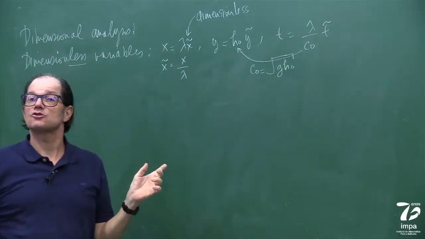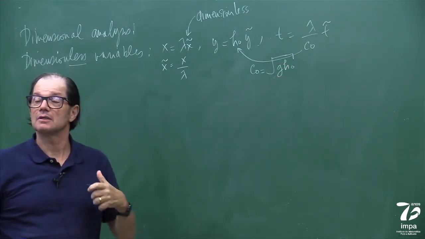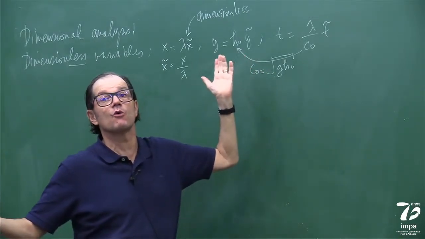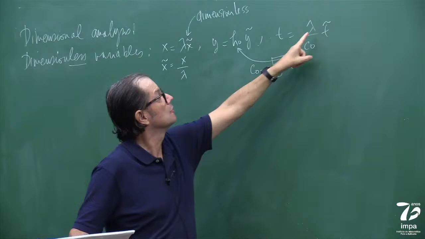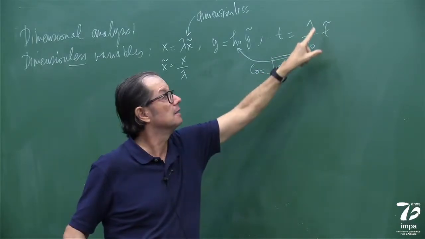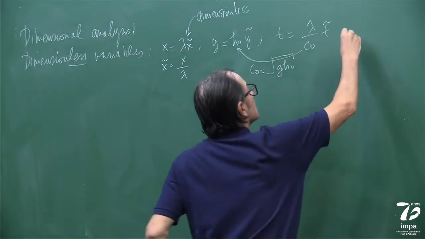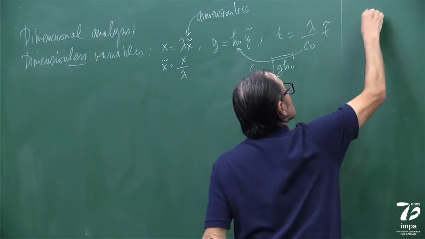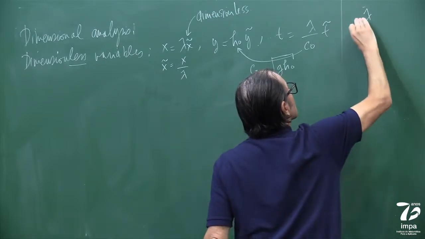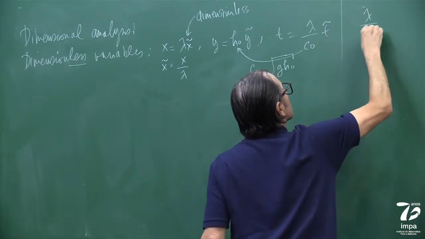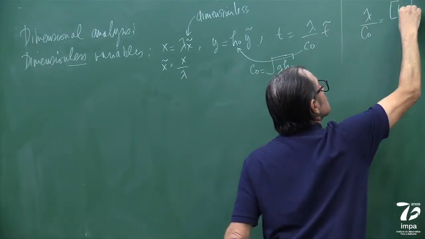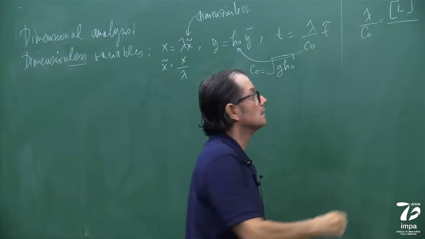So I'm going to choose my typical time, the typical time of a tsunami in the linear regime, but whatever wave I'm caring about. Since this is speed and this is length, in our notation we do it like this. This has units of length.